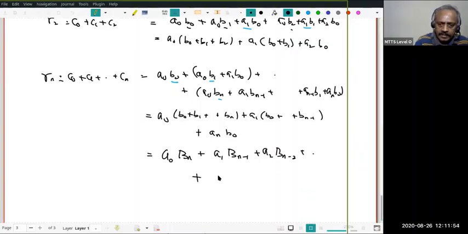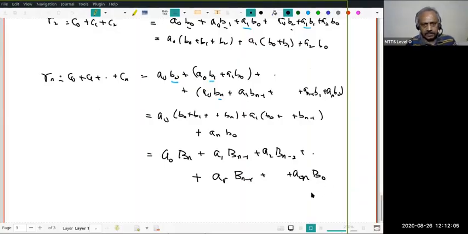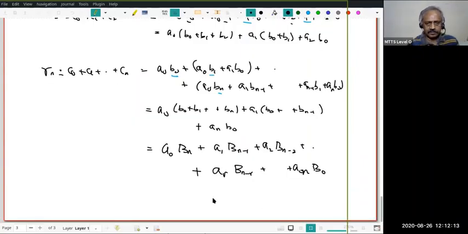And Ar will be Ar into Bn minus r. The last term will be An into B naught, where B naught is just the first term B0. That's it. Is that all right? Do you understand this? This is very crucial for our understanding. This is pure algebra.